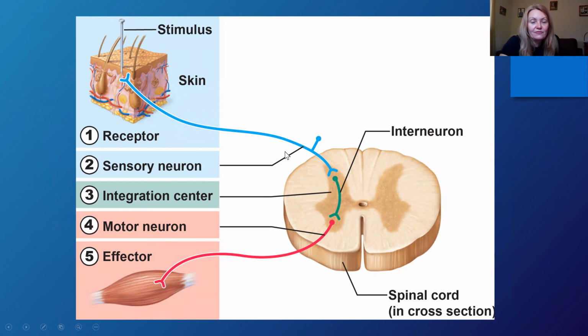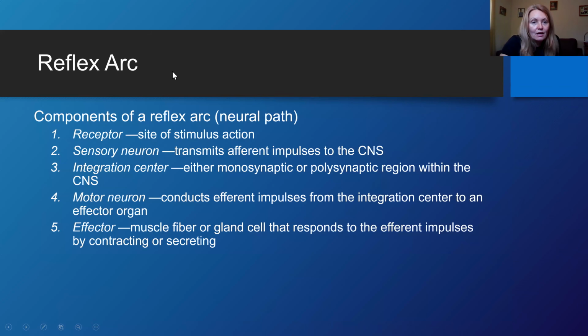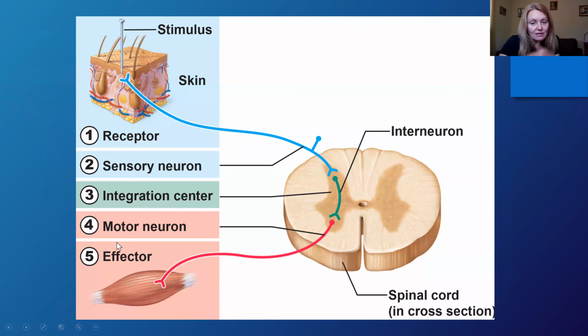So this is the reflex arc, and it's composed of several components. We have the receptor, where we receive the stimulus. We have the sensory neuron, integration center, motor neuron, and effector. So let's look at it, and then we'll get back to that slide.